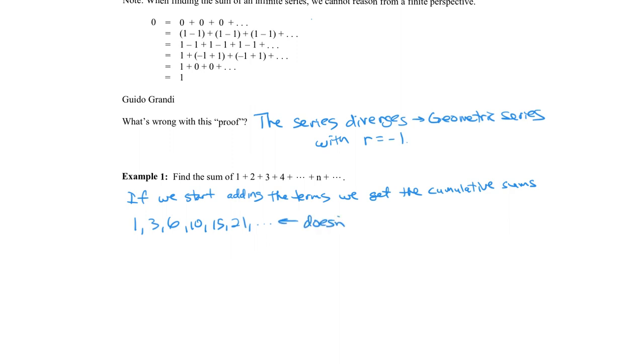It doesn't settle on a number, because it's just going to go as large as you want it to go. We can make it increase forever. So it's said to diverge in this case.